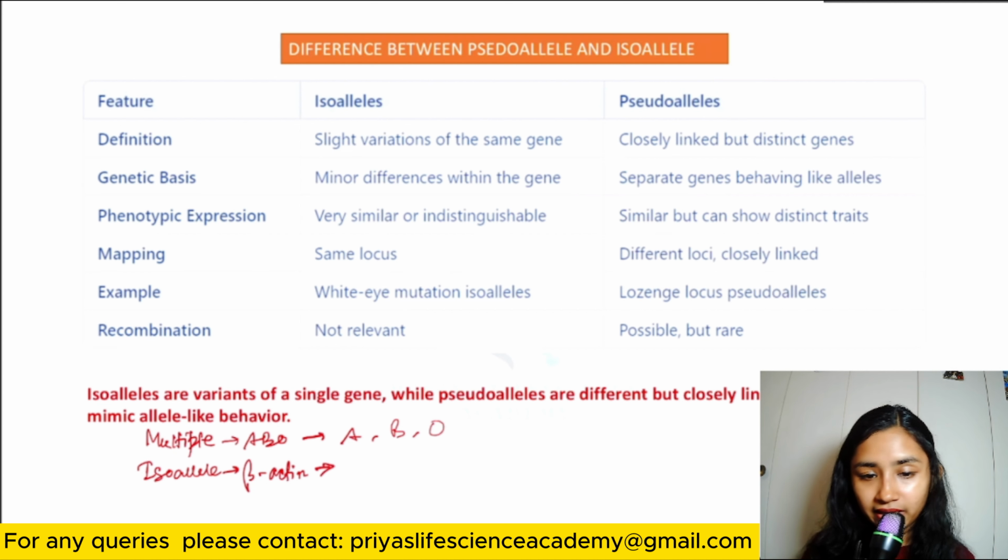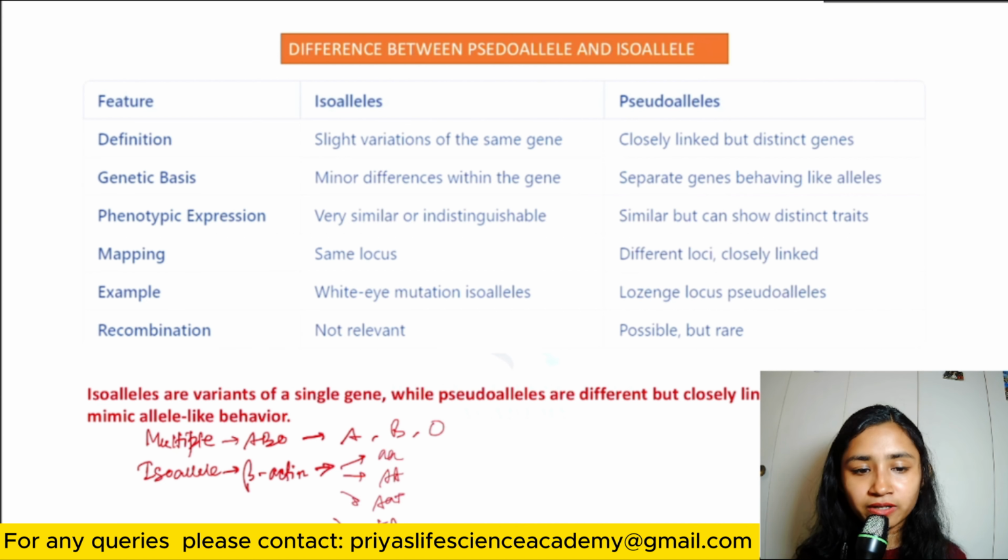There can be different types of alleles, small a, capital A, small a plus, capital A plus. So there can be different variations of the allele in case of isoallele, but for multiple alleles, there will be no variation of the allele. There are three distinct alleles present.